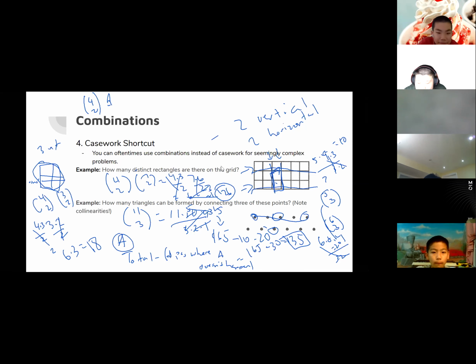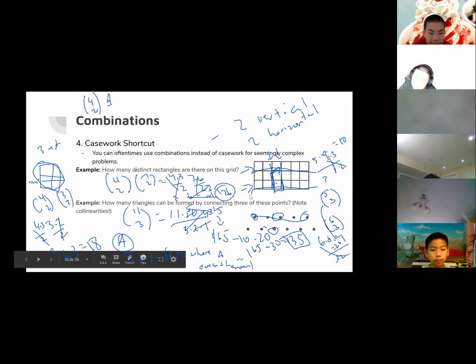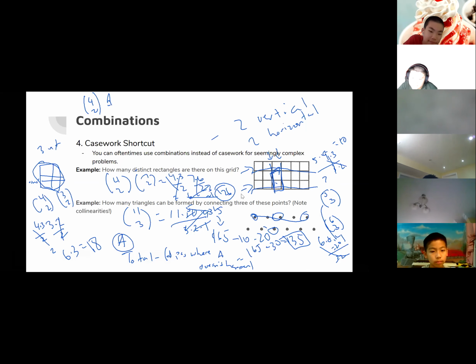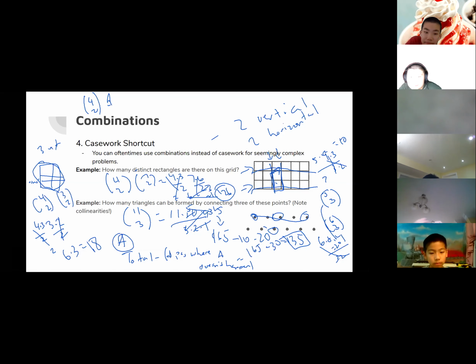I received a question on this one. Why is it 6 times 5 times 4 and not 6 times 5 times 4 times 3 times 2? That is because we're taking a combination. Don't get caught up with these formulas because it's easy to make a mistake. For 6 times 5 times 4 times 3 times 2, that would be taking a permutation, but we're not doing that.